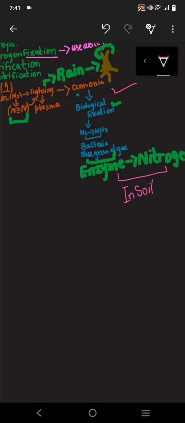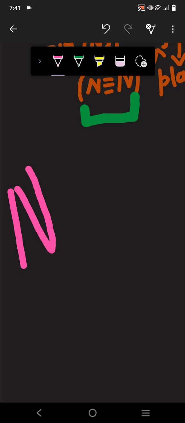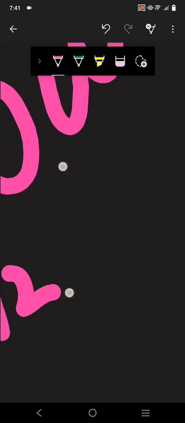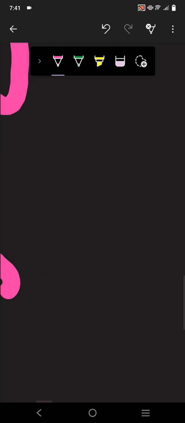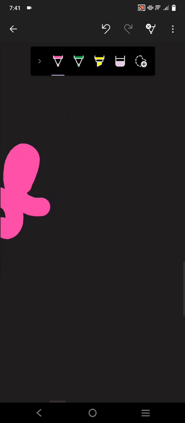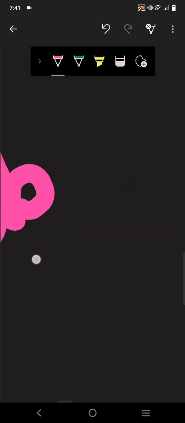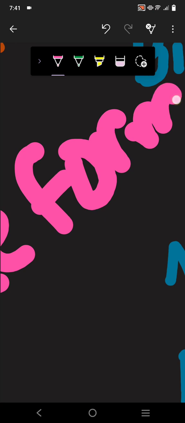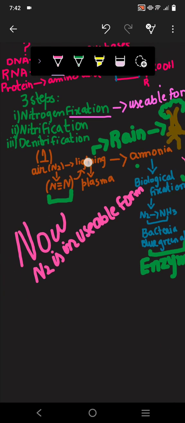Till here our first step is complete, because nitrogen is fixed, and now it is in the usable form.